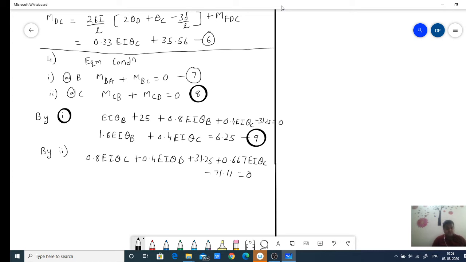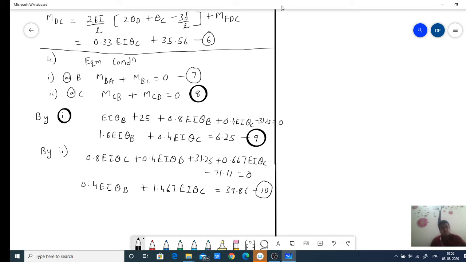And then by solving this, this will be 0.4 EI theta B plus 1.467 EI theta C is equal to 39.86. So this is equation number 10.